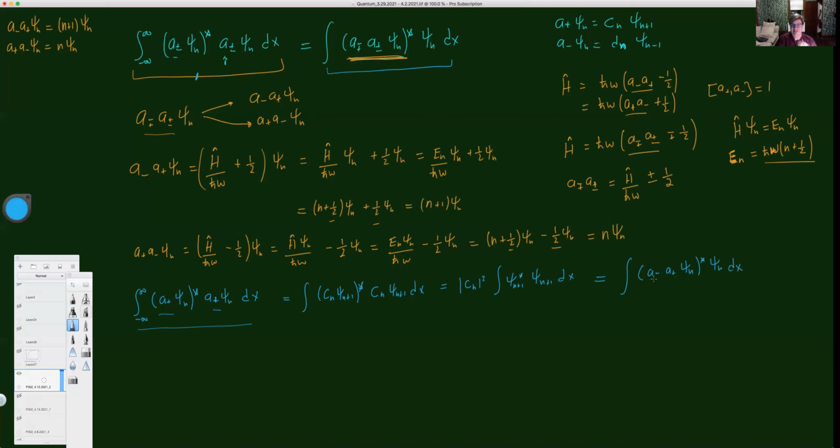Now I know what this is: a minus a plus psi n is n plus 1 psi n. So now I can write that here as n plus 1, which can come out of the integral because it doesn't have any dependence on x, it's just a constant. And we're left with psi n star psi n dx. Okay.